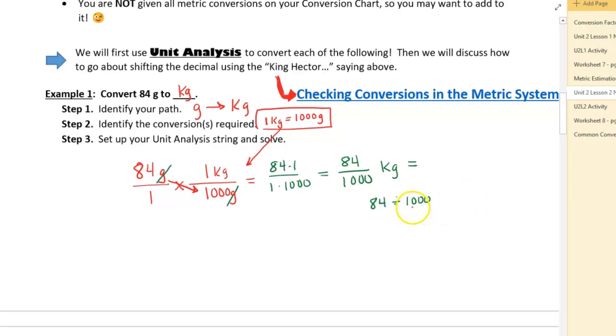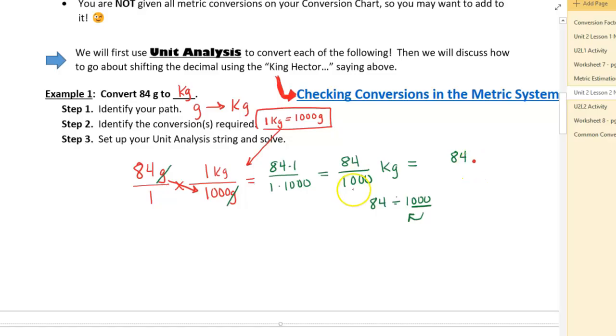However, remember that when we divide by powers of 10, we're going to move the decimal to the left the same number of zeros as what we're dividing by. So we have 84. Remember, the decimal is understood to be at the end if it's not written. We just don't normally put a decimal if it's at the end in our number.